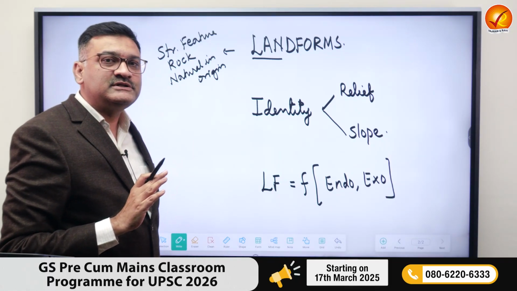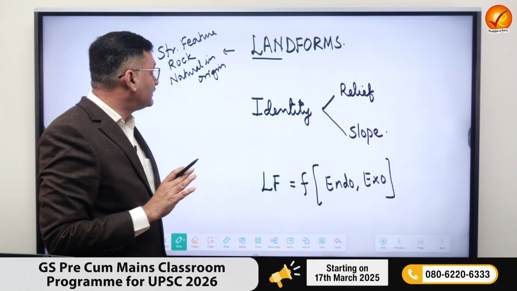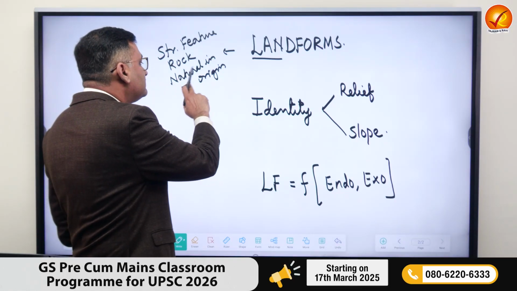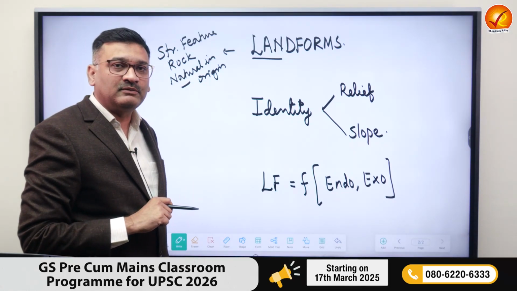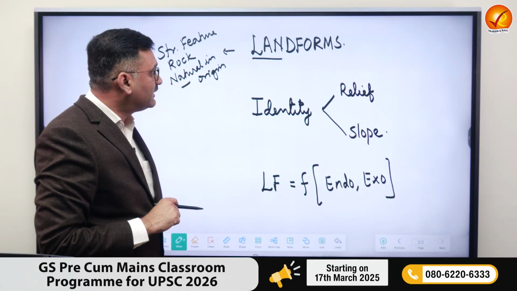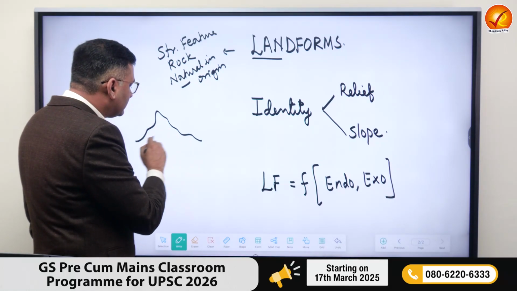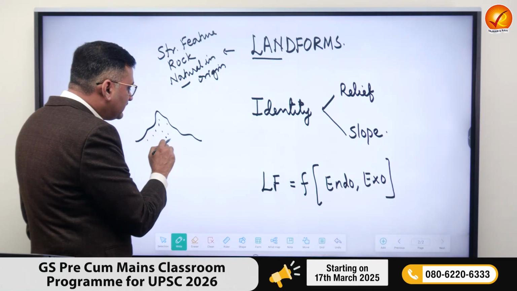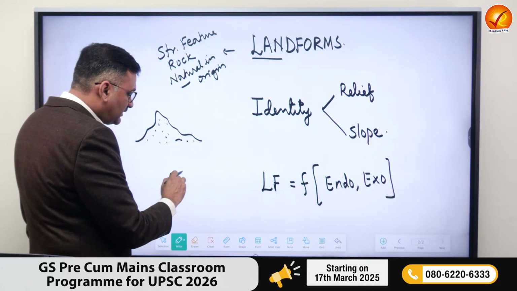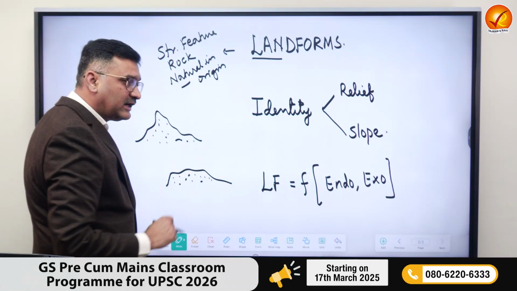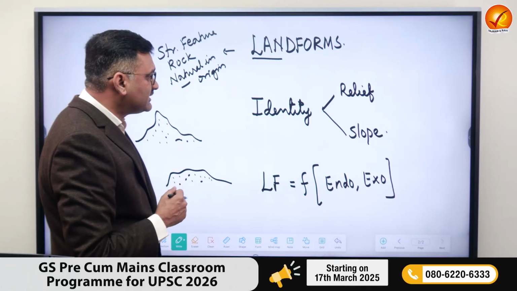Any structural feature present on the surface of the earth, which is composed of rock and created by some natural phenomenon, natural in origin, can be treated as a landform. For example, this is one mountain, so this mountain can be treated as a landform. This is one plateau, this plateau can be treated as a landform.